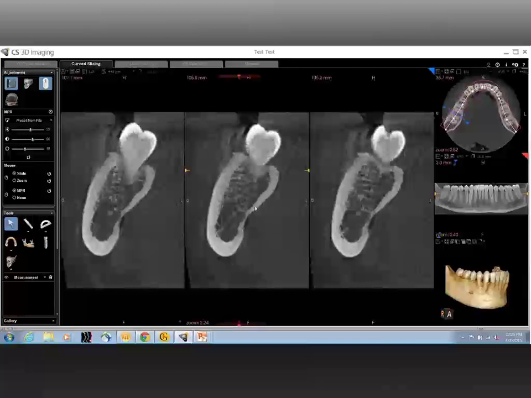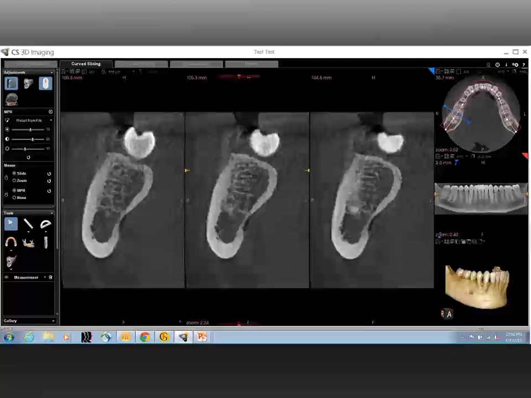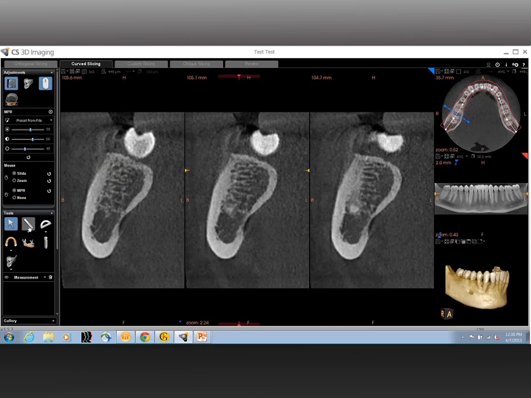And if that was an edentulous area, you have to make sure that the length of the implant does not go beyond the lingual undercut, so that you do not perforate into the soft tissue. So those are the three important things: the angulation of the ridge, the lingual undercut, and the morphology of the ridge. Excellent. Thank you very much.